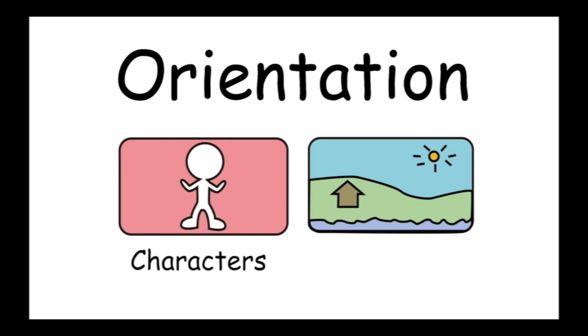What is this part called? Yes, the setting. Where is the story? So orientation includes the characters, who is in the story, and the setting. When and where is the story?